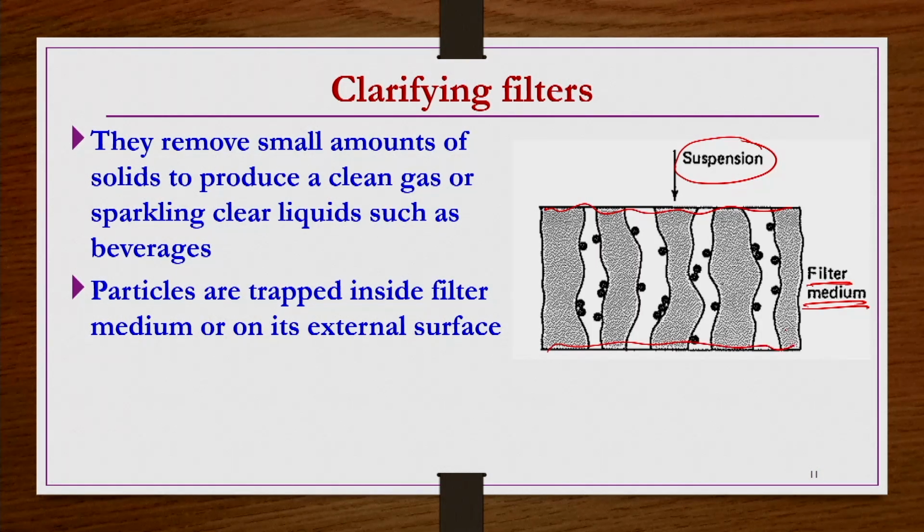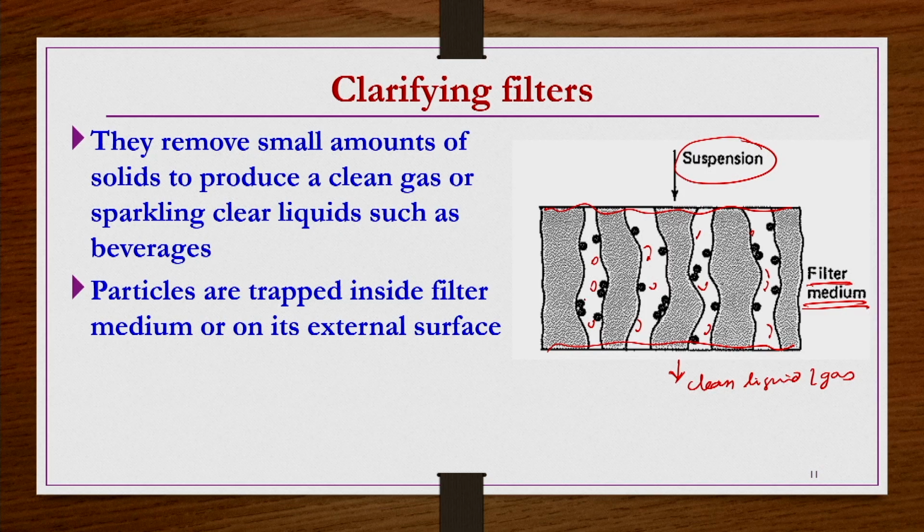They will be sticking to the surface, or they may be partially blocking the porous structure of this pack, leaving behind almost clean liquid or gas if you are using this for dust laden gases. So, this is the general principle here.